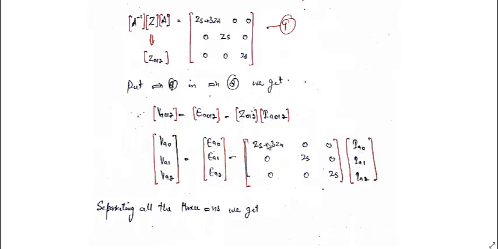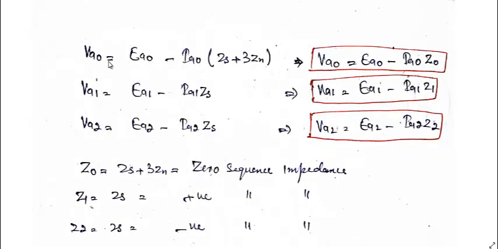This can also be written as Z0, Z1, and Z2. When the individual equations are derived from this matrix, we get VA0 is equal to EA0 minus IA0 times Zs plus 3 times Zn, or VA0 is equal to EA0 minus IA0 Z0.